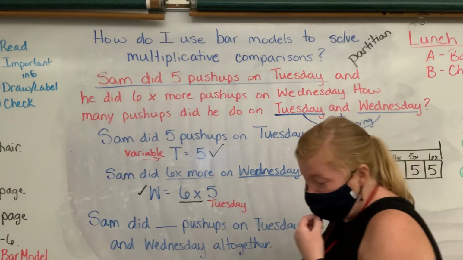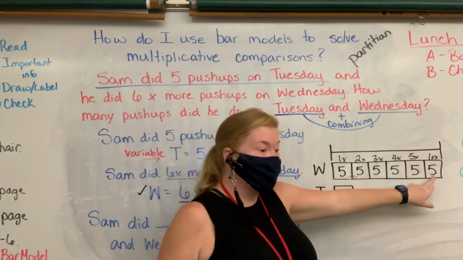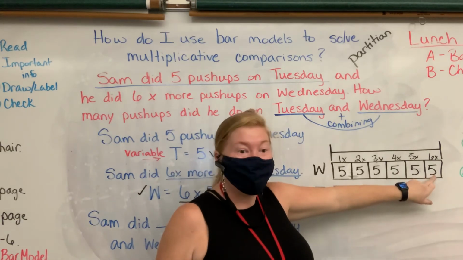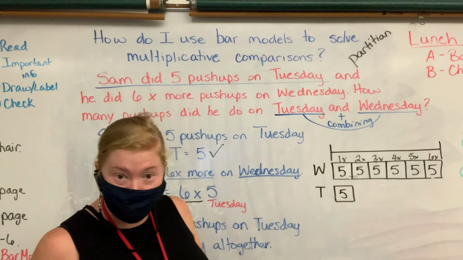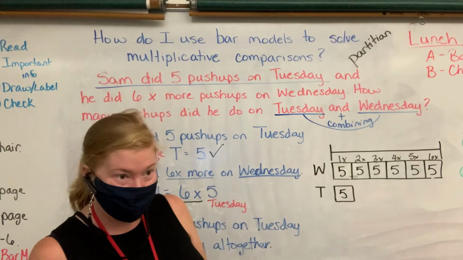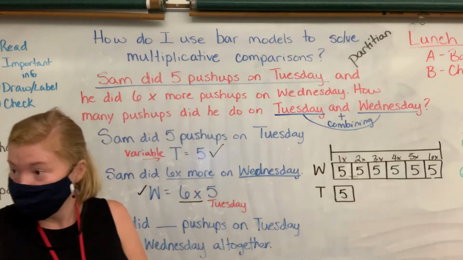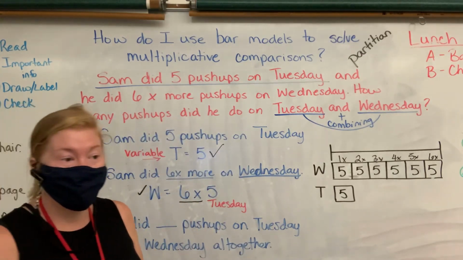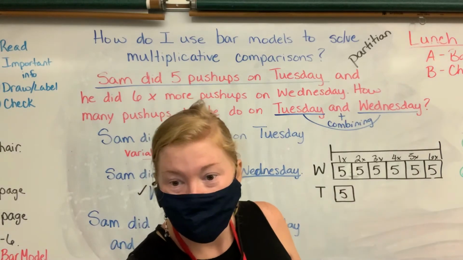When I look at that, I can easily ask myself, 6 times whatever's inside of that box is my answer for Wednesday. How many push-ups did he do on Wednesday? Put it on your whiteboard and show me. Friends at home, put it on your whiteboard and show me.